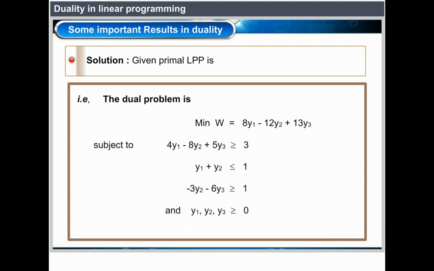That is, the dual problem is minimize w equal to 8y1 minus 12y2 plus 13y3 subject to 4y1 minus 8y2 plus 5y3 greater than or equal to 3, y1 plus y2 less than or equal to 1, minus 3y2 minus 6y3 greater than or equal to 1 and y1, y2, y3 greater than or equal to 0.